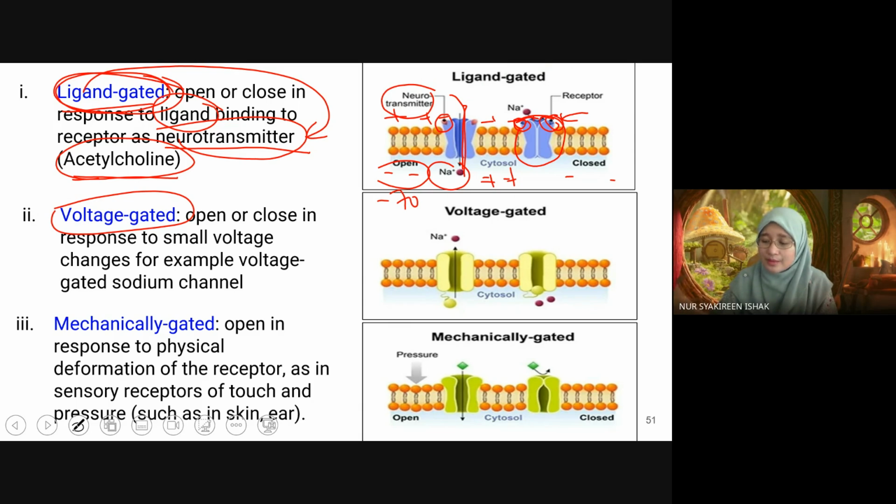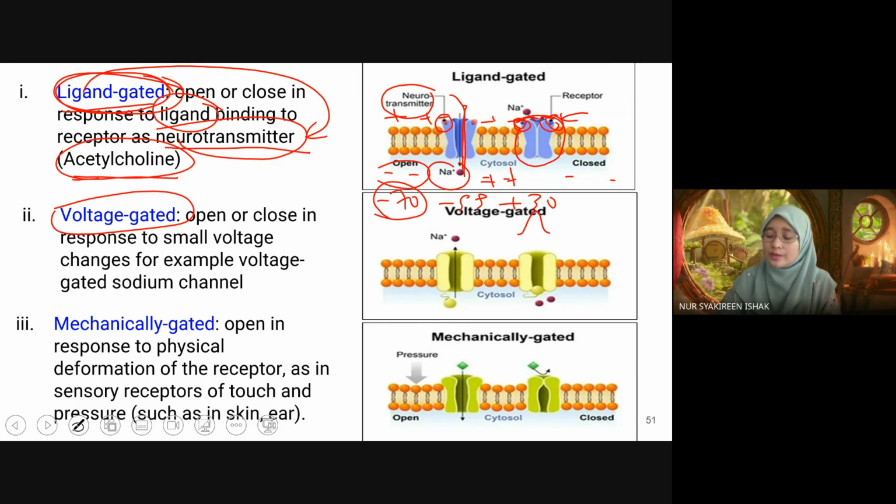But when sodium starts to enter, the membrane will slowly become depolarized, more positive, as sodium ions enter. So it goes from negative 70 slowly to negative 55, and lastly to positive 30 millivolts. This is the peak of an action potential.